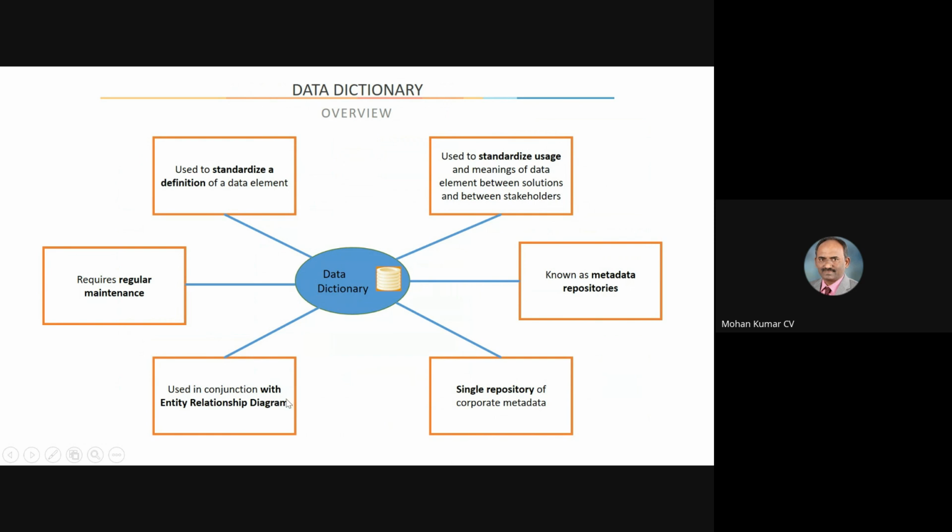Have you heard this word, entity relationship diagram? Any one of you? What is meant by entity? Paula, have you heard entity? Entity is like a business entity. Yes, fine.